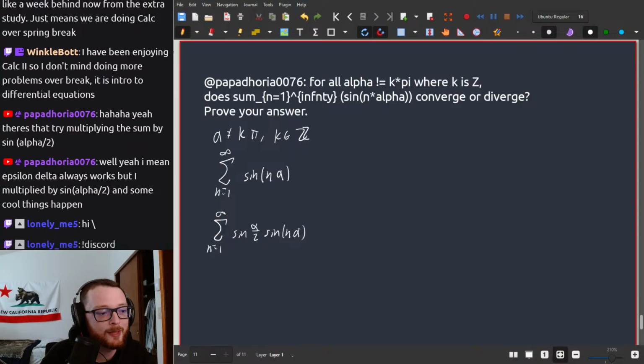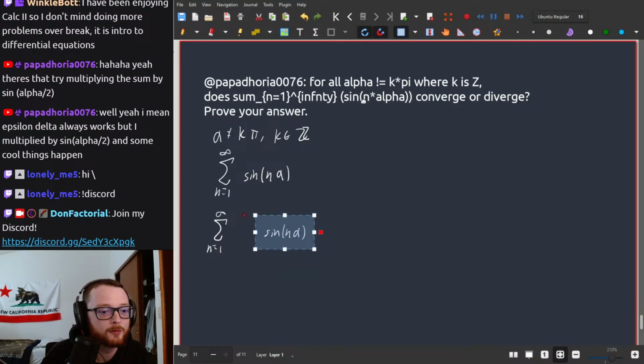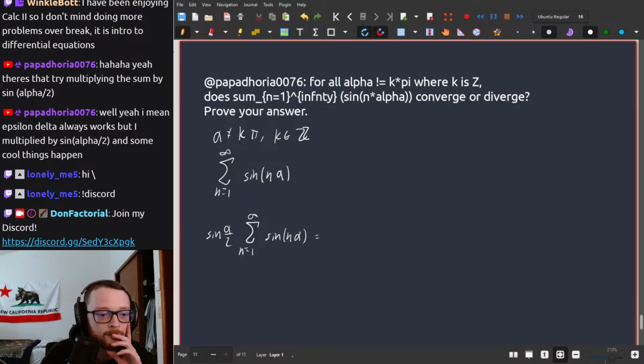I guess we should be thinking about the actual terms, right? Presumably we're going to need a trig identity for this.